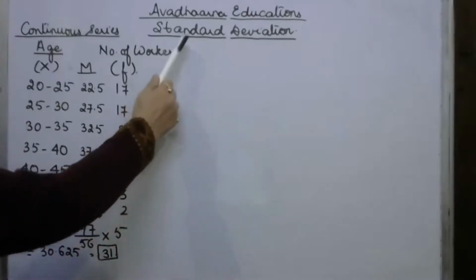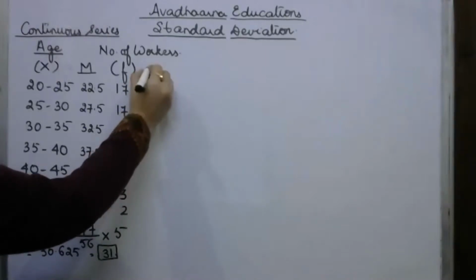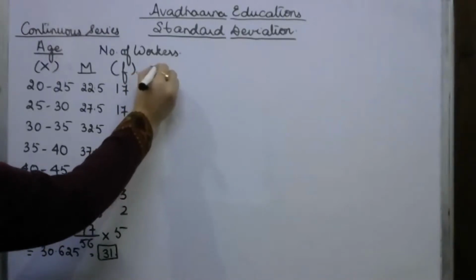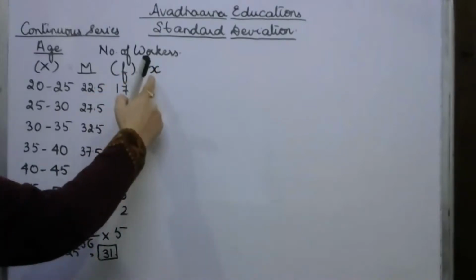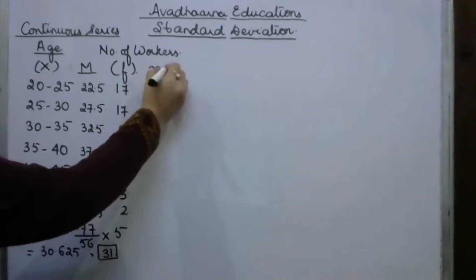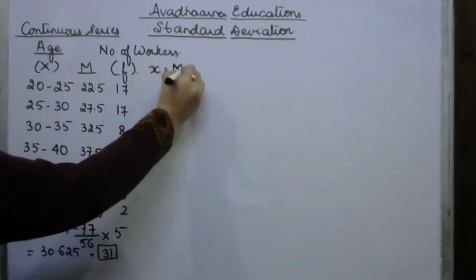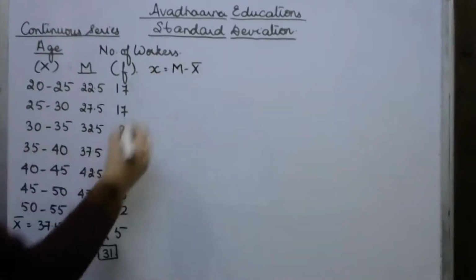So in order to calculate the standard deviation, we have to calculate the deviations from actual mean. These deviations from actual mean are represented by small x, which is nothing but m minus actual mean.